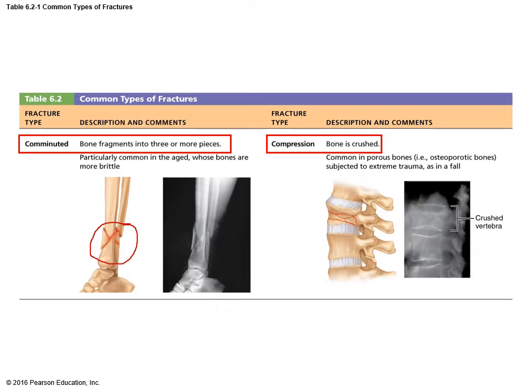Now, the compression can be very painful because what happens, and we also see this with porous bones, is that the bone will literally be crushed. So people with osteoporosis have to be very careful that this doesn't happen. And when it does happen, it's very painful because, as you can imagine, all the nerves that are running through there basically get compressed as well. It also has the ability to completely change the overall formation of the vertebra, allowing for a hunchback appearance to form.